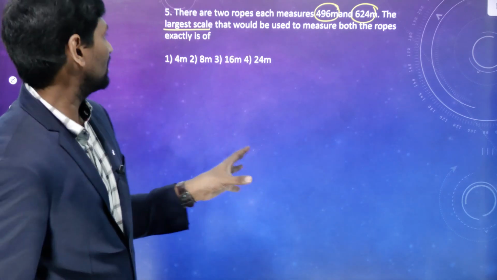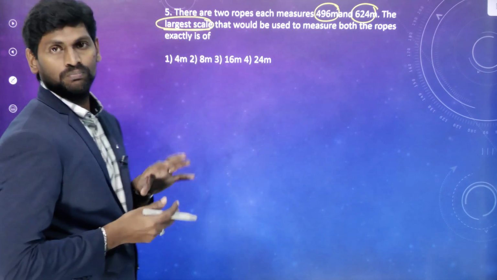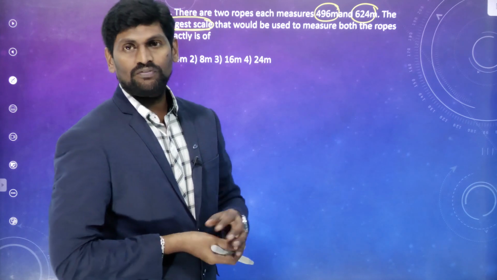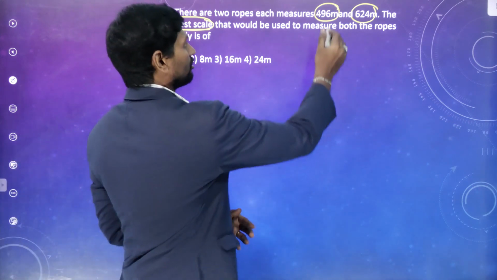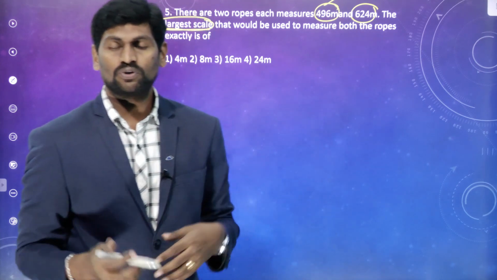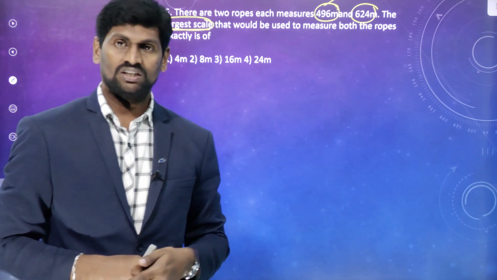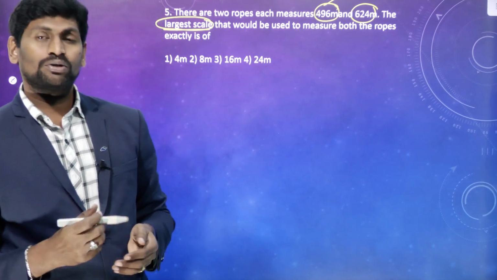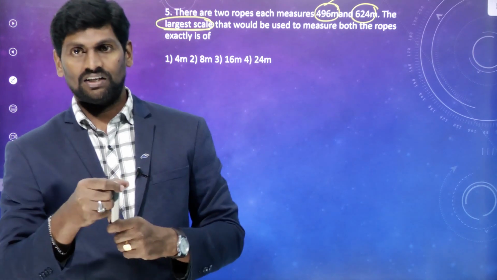But here it is clearly asking for the largest scale to measure these two. If you take a 624 meter scale, you cannot measure 496 because 496 is less than that scale. That means we are counting how many times you can measure with the scale.